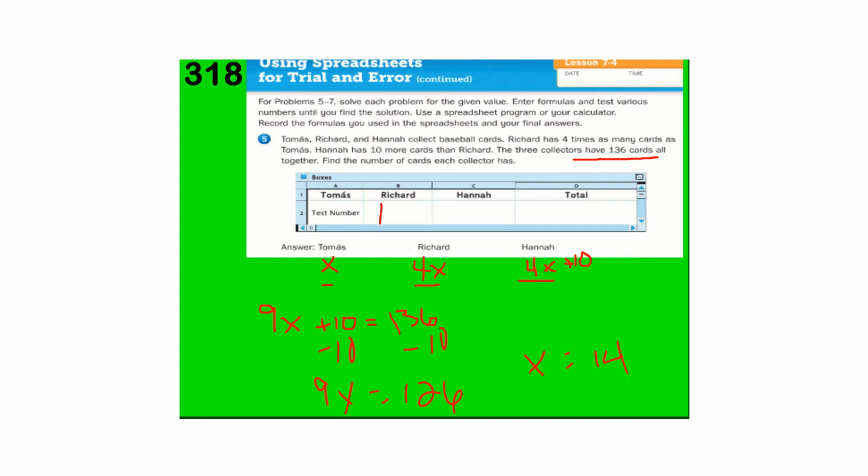So that means Thomas has 14. Richard has 4 times that many. So Richard has 56. Hannah has 10 more than Richard. So altogether, if you add those up, you should get your 136.